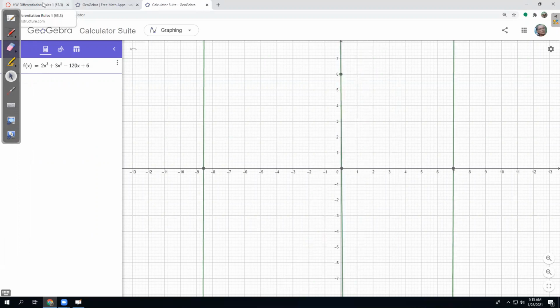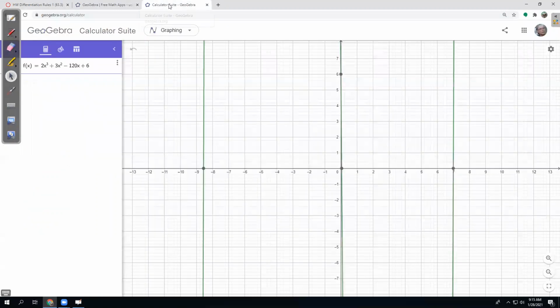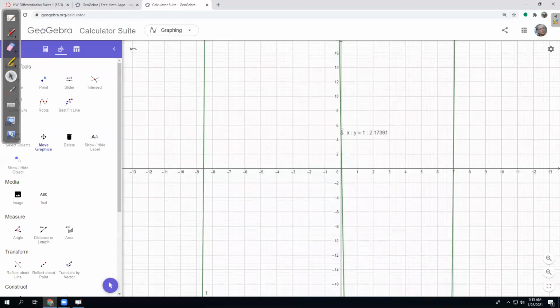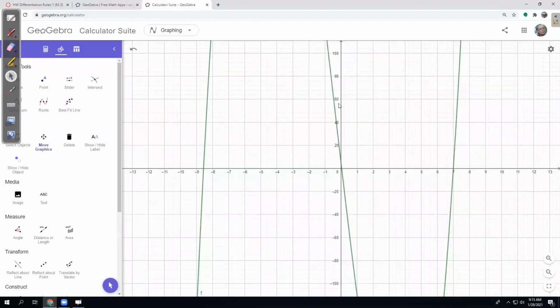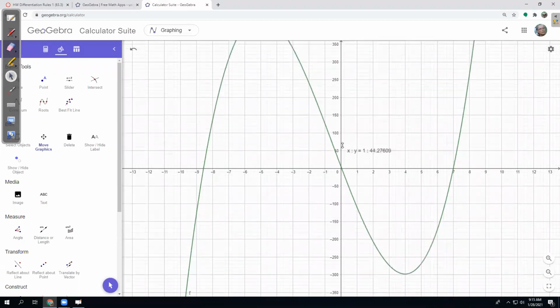Take a look. Plus 6. Okay, I think I typed that correctly. Yeah, and then we need to change the scale here. That's one reason I like GeoGebra. I can just go to the tools, move graphics, and then I can grab the y-axis here and rescale it by dragging.